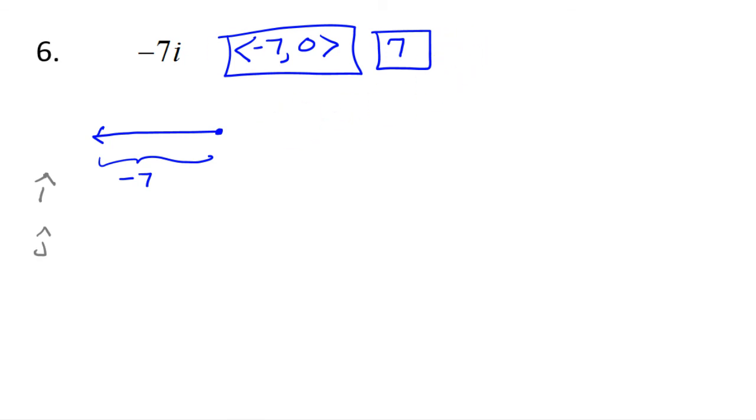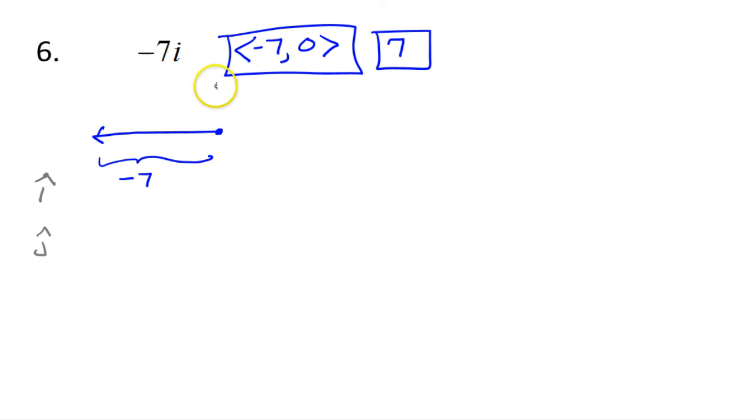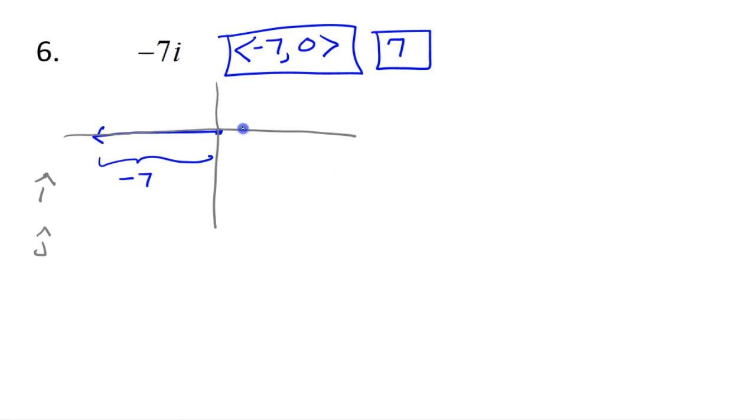And the direction, if we put this on a coordinate plane like this, remember that the direction has to be measured from the positive x-axis like this. So that is 180 degrees. All right, that's it for number 6.